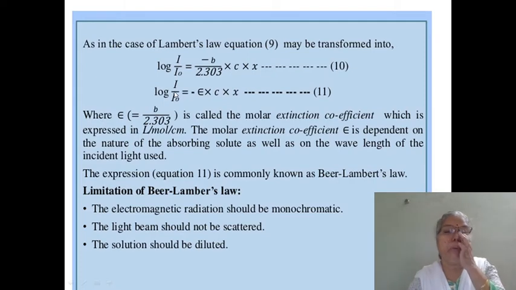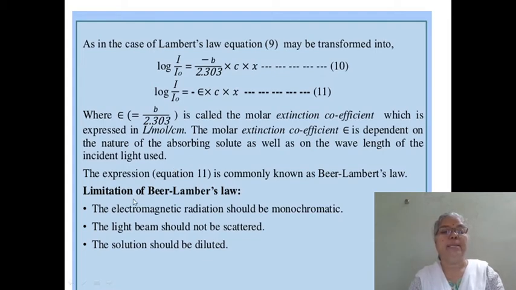And you know, log I by I0 is nothing but the absorbance or optical density. That means for a solution having unit path length and unit concentration, its molar extinction coefficient becomes equal to the optical density or absorbance of the solution.